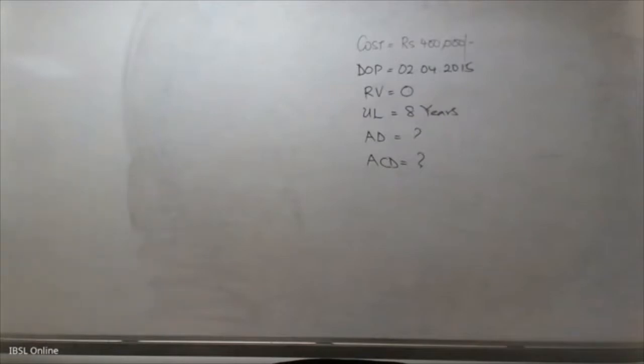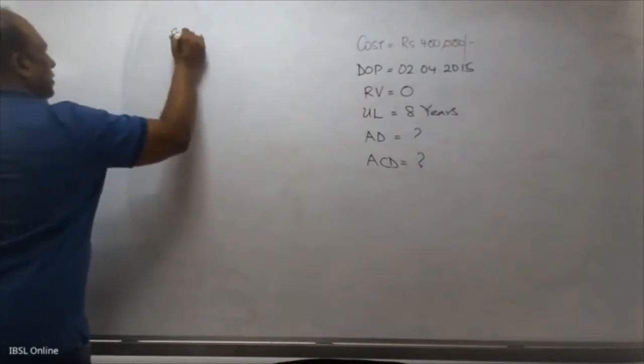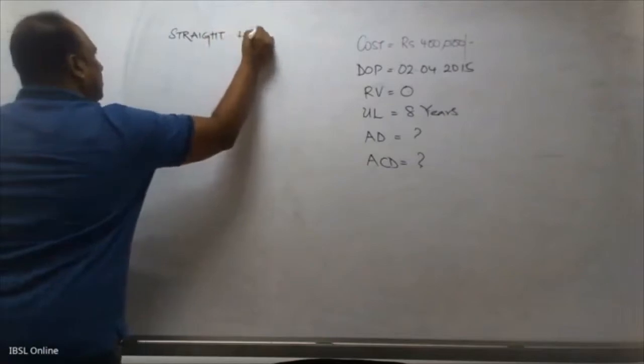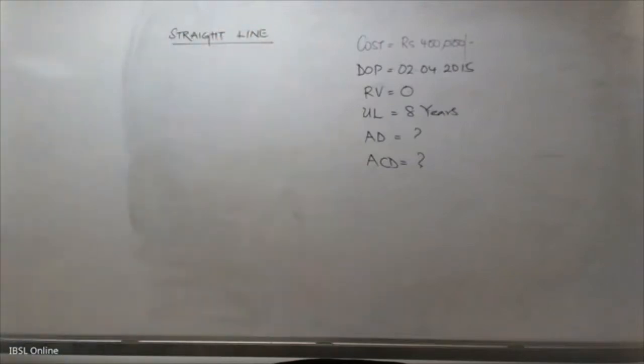Now the method that is given to us here is the straight line. So what does the straight line method definition say? It is a fixed percentage of the cost or the depreciable amount over the life of the asset.